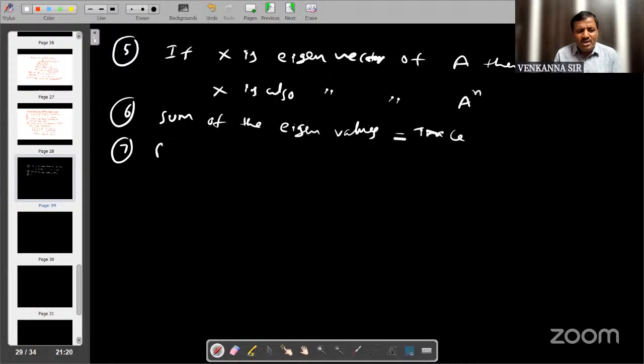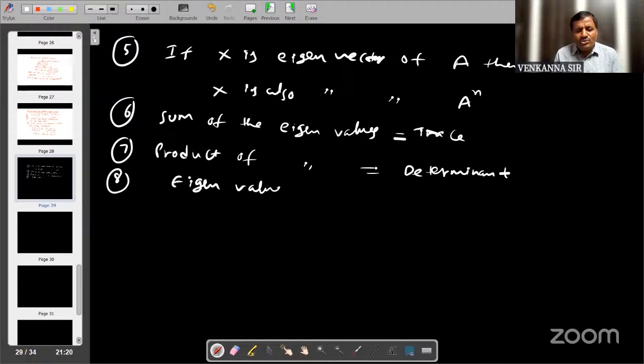Seventh property: product of eigenvalues is equal to the determinant. Sum of the eigenvalues is the trace, product of eigenvalues is the determinant. Eighth property: eigenvalues of A and A transpose are the same.